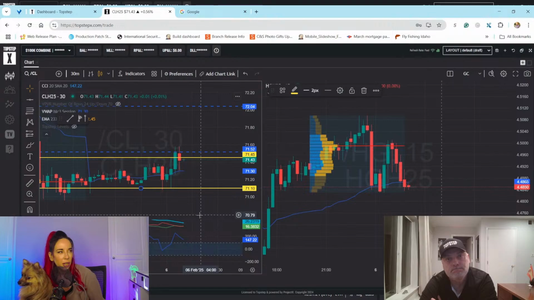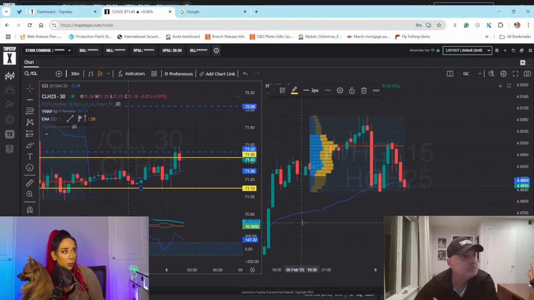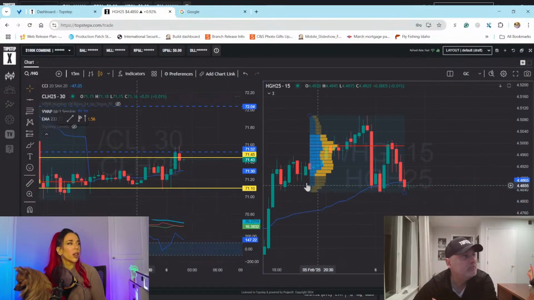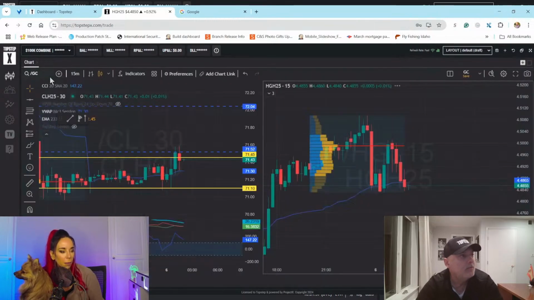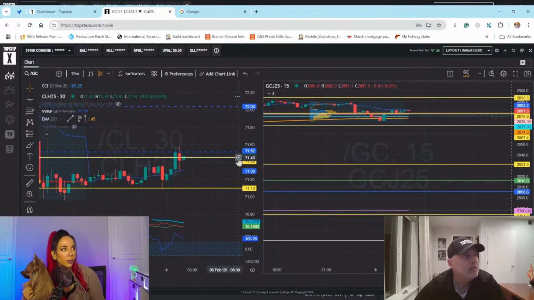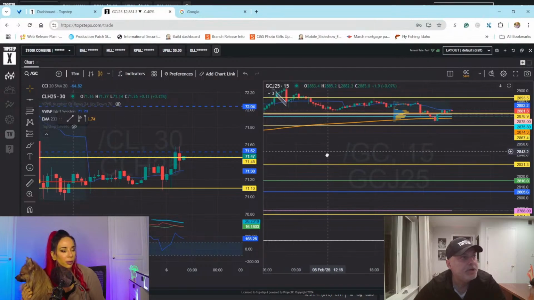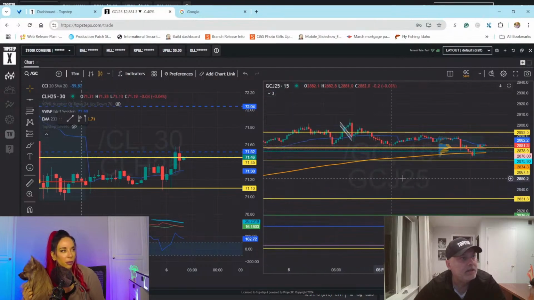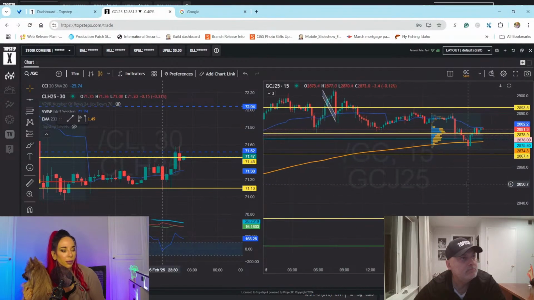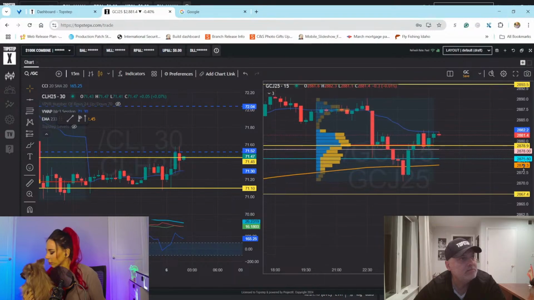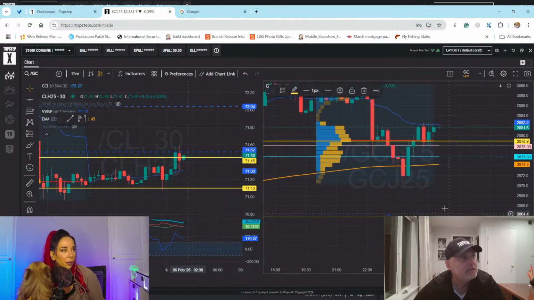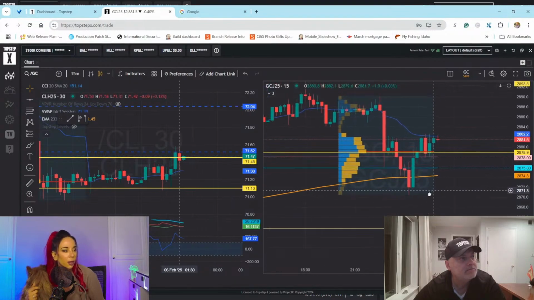I'm just looking at it now. We have Globex VWAP on gold that is literally just at this price, 2881.4 or something like that. It's been a pretty good run of late. So we've been testing 2,900 and failed away from it.